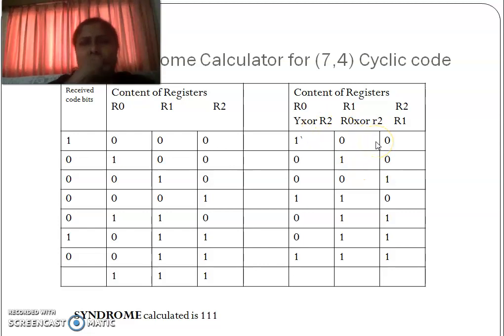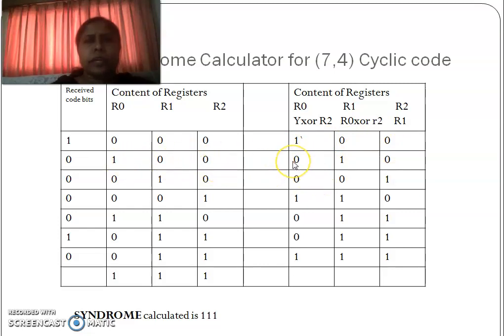And here we have the second and third columns, the contents of R1 and R2 after the calculations are over. For every change to happen, we need to apply the received data and the clock pulse. Whatever change happens here will become the initial value for the next calculation.